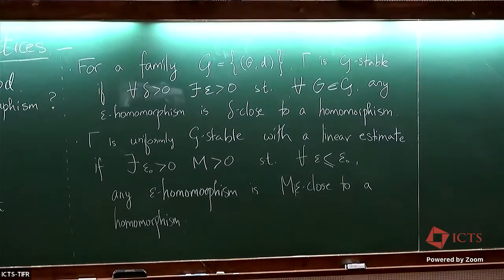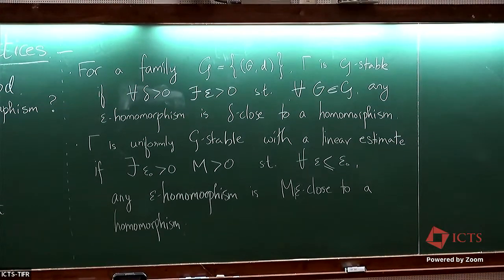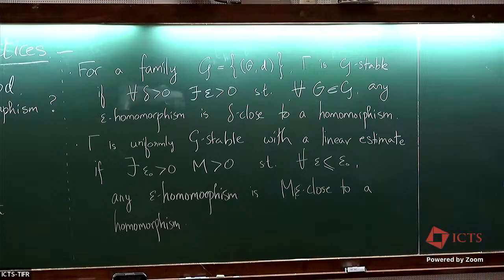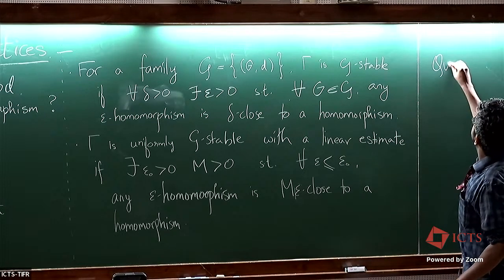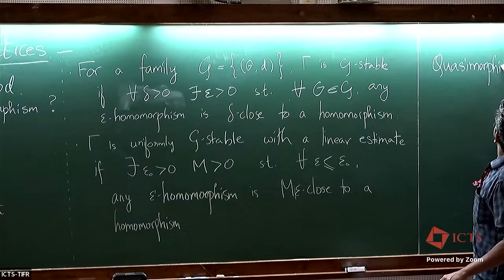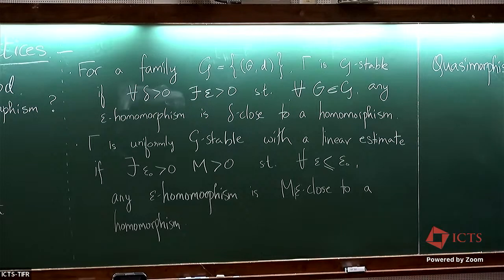Okay, perfect. So this is the most general and precise definition of the question, but the most natural toy example you can play with is called a quasimorphism. A quasimorphism is some question like this in a much nicer, simpler setting.